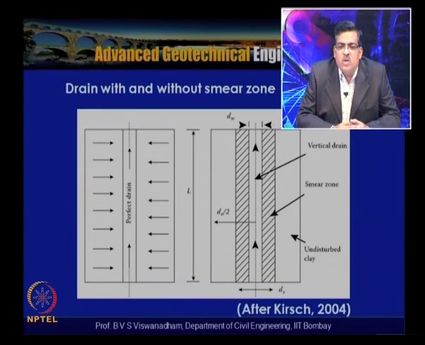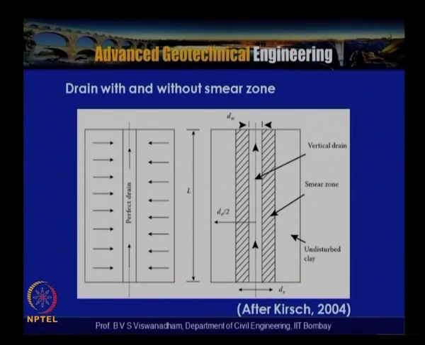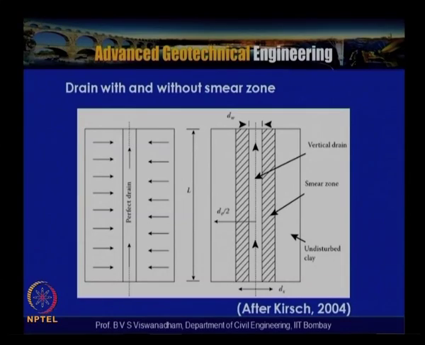This smear zone also has zones like the transition zone and the completely smeared zone. The completely smeared zone is close to the drain, and then there is a transition zone where the soil properties tend to go close towards the undisturbed soil conditions, and then there is undisturbed soil or undisturbed clay.